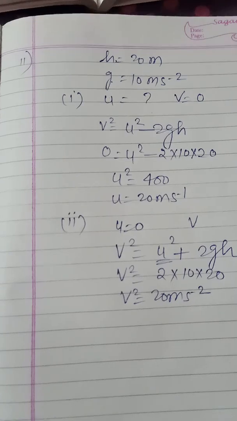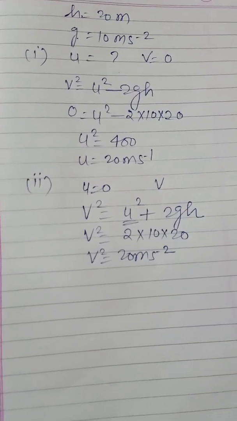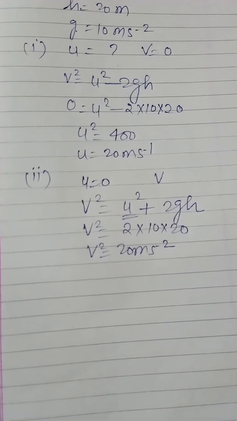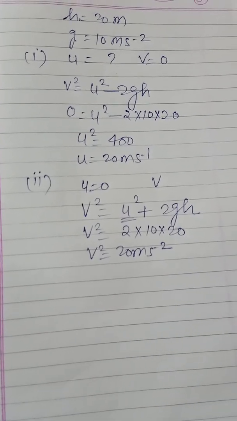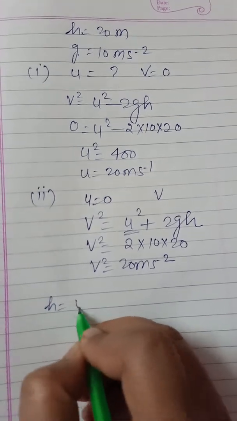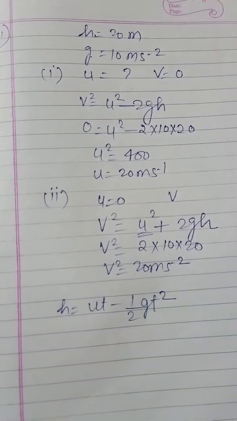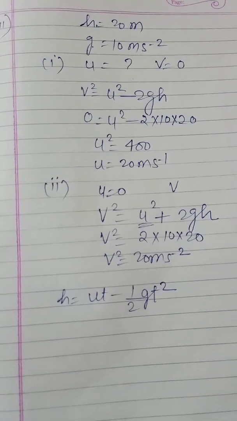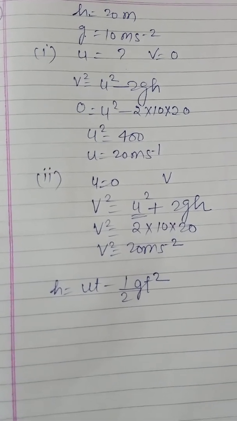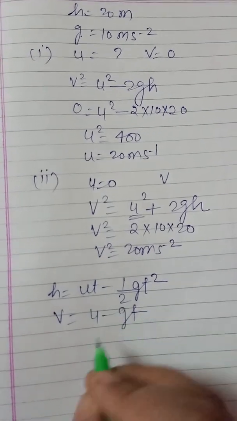And the total time of the journey. First get the time at which it reaches the height of 20 meter. How can we get the time? As we know, h is equal to ut minus half gt square, or you can also apply v is equal to u minus gt.